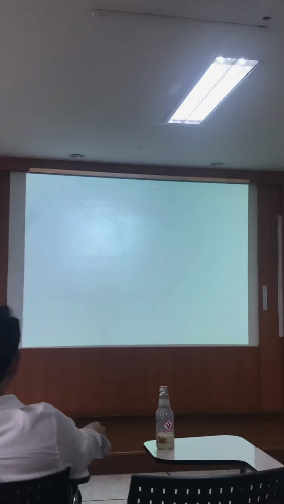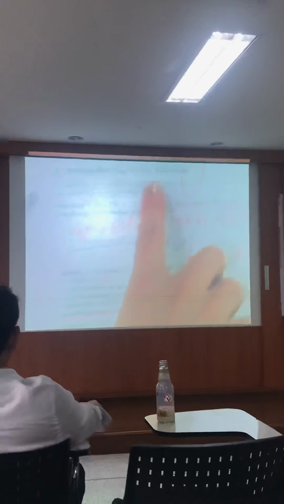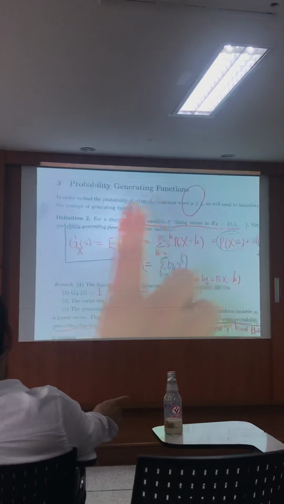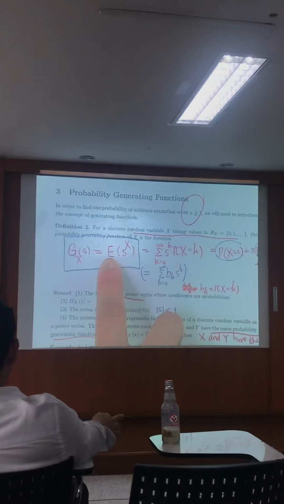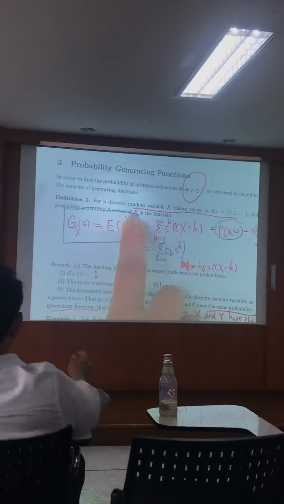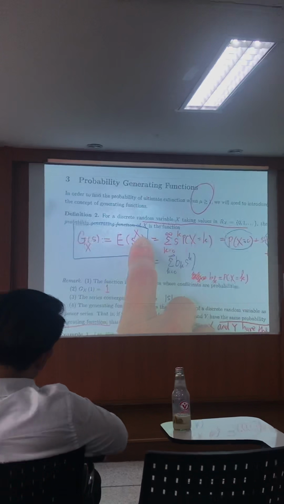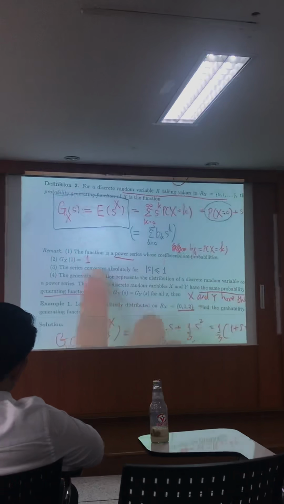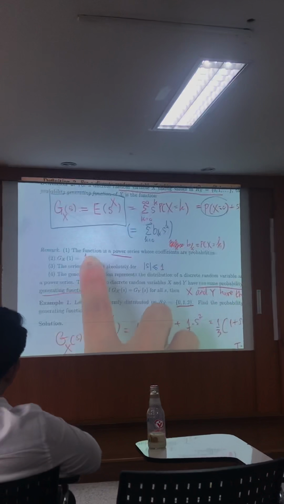And after that, we learned PGF. What is PGF again? Generating function. By definition, we just find the expectation of s to the X, right? X can be any random variable. And yesterday we saw some properties of this.